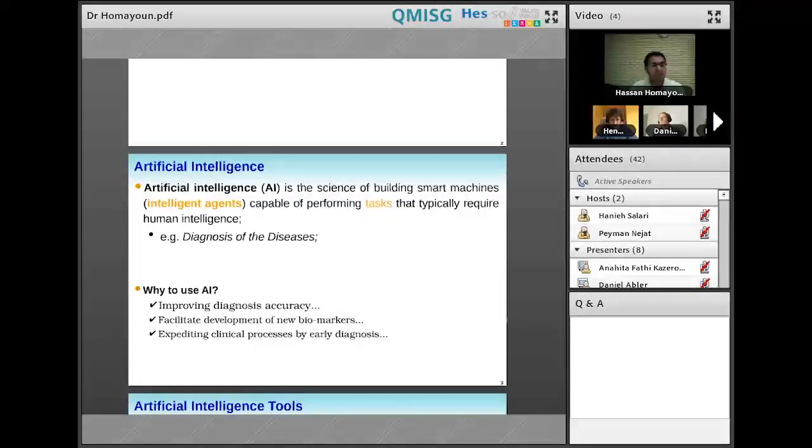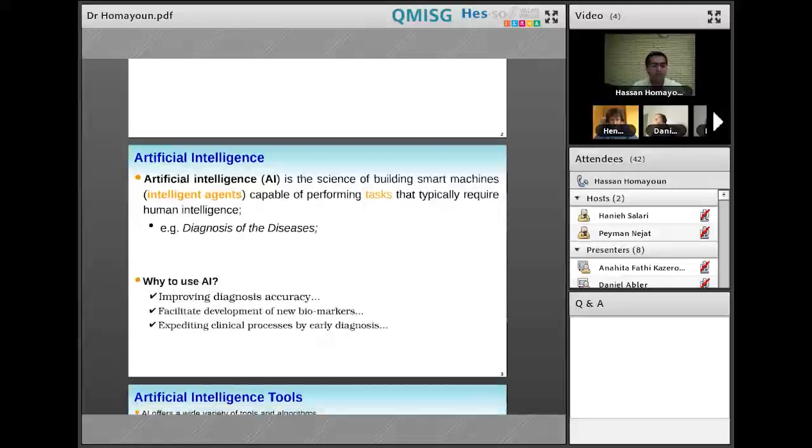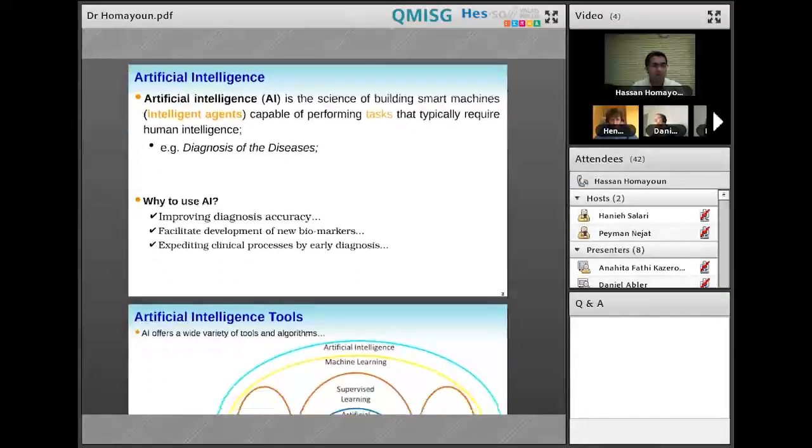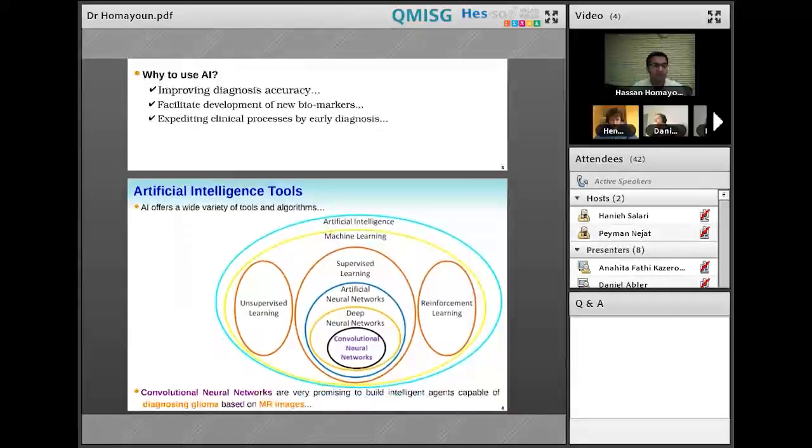Because it improves diagnosis accuracy by providing physicians a second opinion. It facilitates development of new biomarkers and expedites clinical processes by early diagnosis. And there are many reasons that lead us to use AI in the diagnosis of disease.